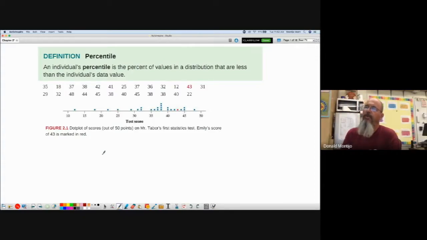For example, if I had the fifth highest score in my class and you had the fifth highest score in your class, were we the same? What do we mean by describing your location in a distribution? If we both were the fifth highest score in our class, we'd have to know how many students were in our class. For example, if I was the fifth highest in my class out of 6 students, that's not so impressive.